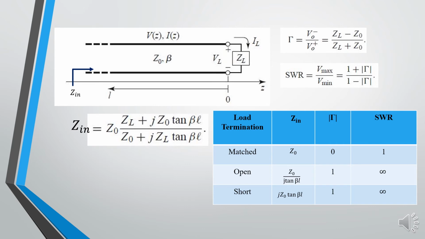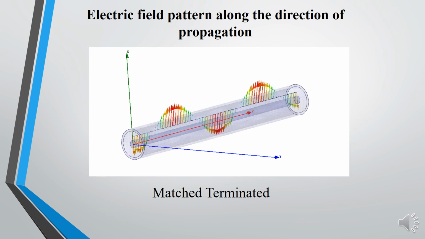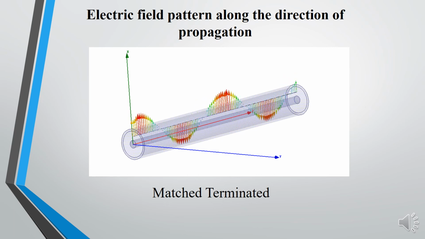So in the case of a short circuited termination, there will again be full reflection of the propagated wave, and here also the standing wave ratio will be infinite. Now you can see the electric field pattern, which you can also call the voltage pattern, because the electric field is related to voltage, as I have already shown in my previous videos.